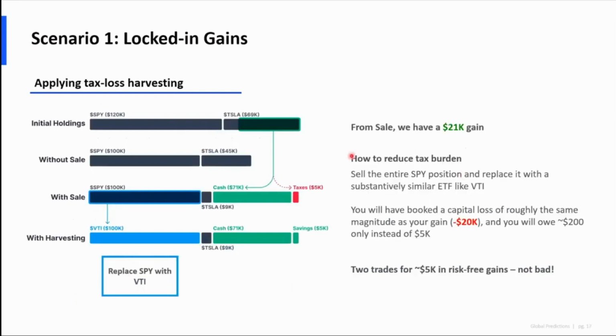So what we can do is, if you realize that we have this $100,000 SPY position, it's actually $20,000 down from when it started. And so that is an unrealized loss, right? If we're able to convert that to a realized loss, then we have this $21,000 netting with the $20,000. They literally offset when you do your taxes, and then you only owe the taxes on the $1,000 residual.